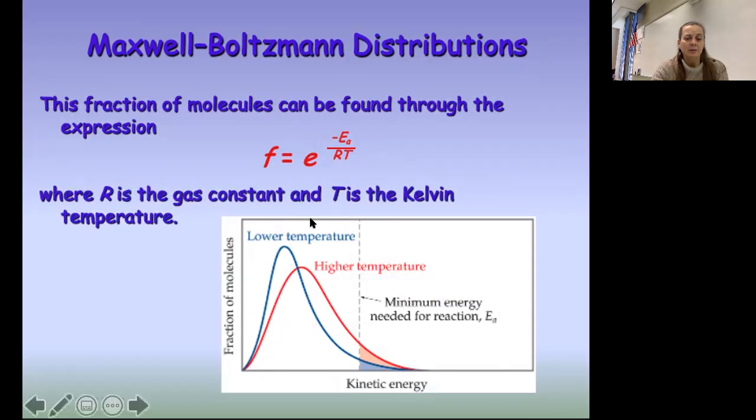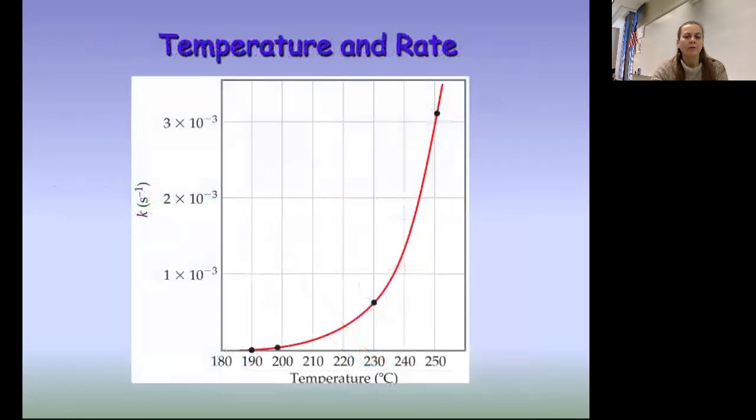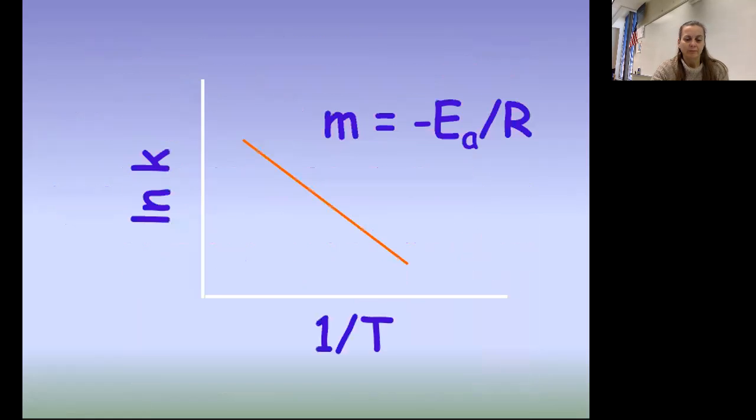And this becomes important because as a derivation of that equation, we find that the natural log of k is directly proportional to 1 over temperature. Okay, again, bear with me, there's lots of math here.